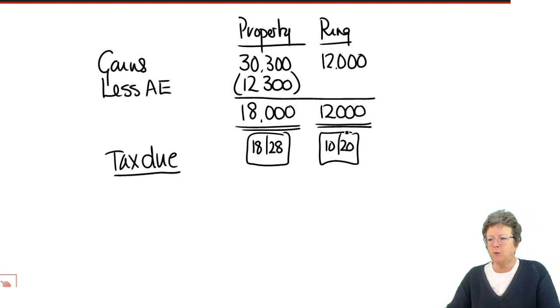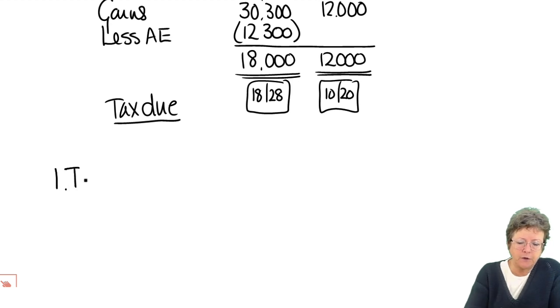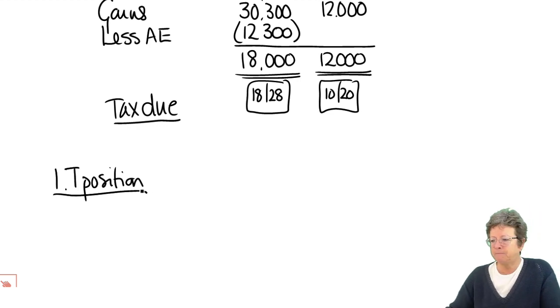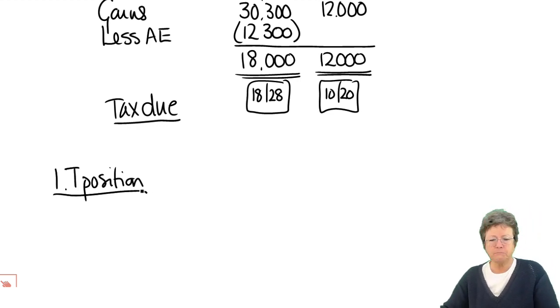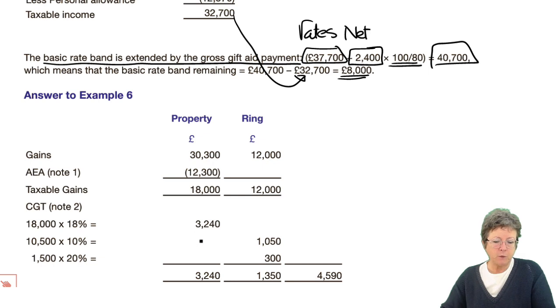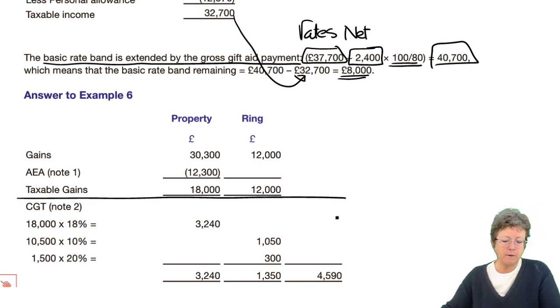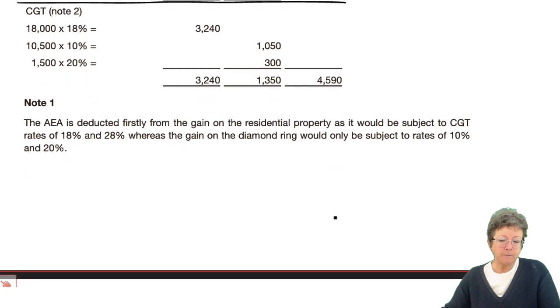So what we need to do now is to work out her income tax position, so we know how much basic rate band there is left. Let me show you the answer of how that works. We've done up to there. Let's have a look.